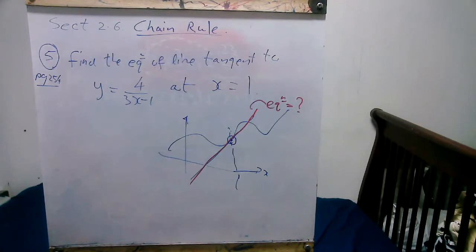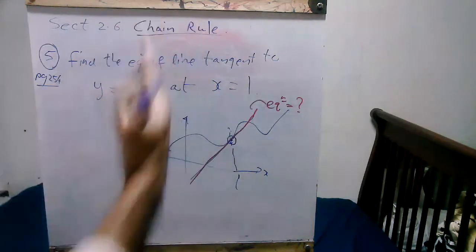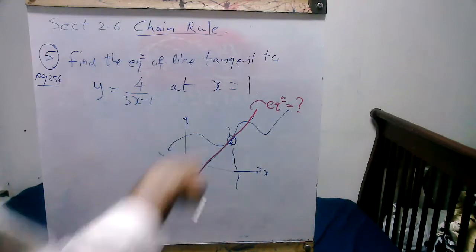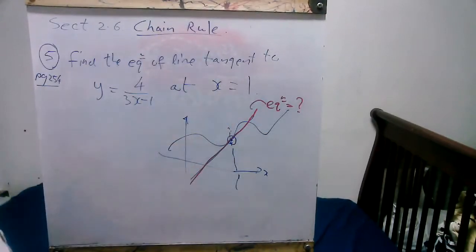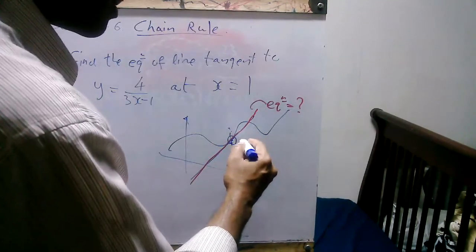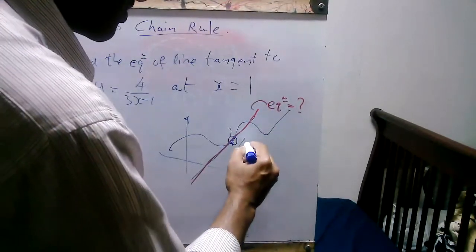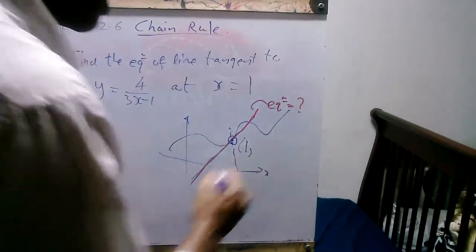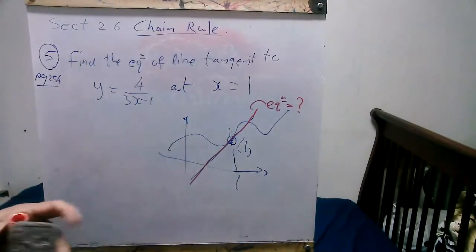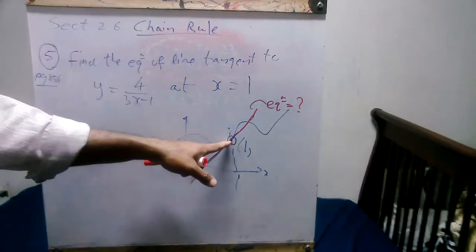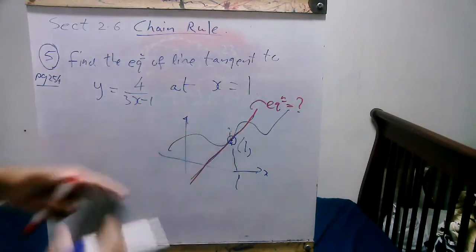Now the slope of the line, we don't know, it's not given. It said at x equal to 1. We know one coordinate, which is the x coordinate. X coordinate is 1. Then what is the y coordinate? We know this point is on this curve.